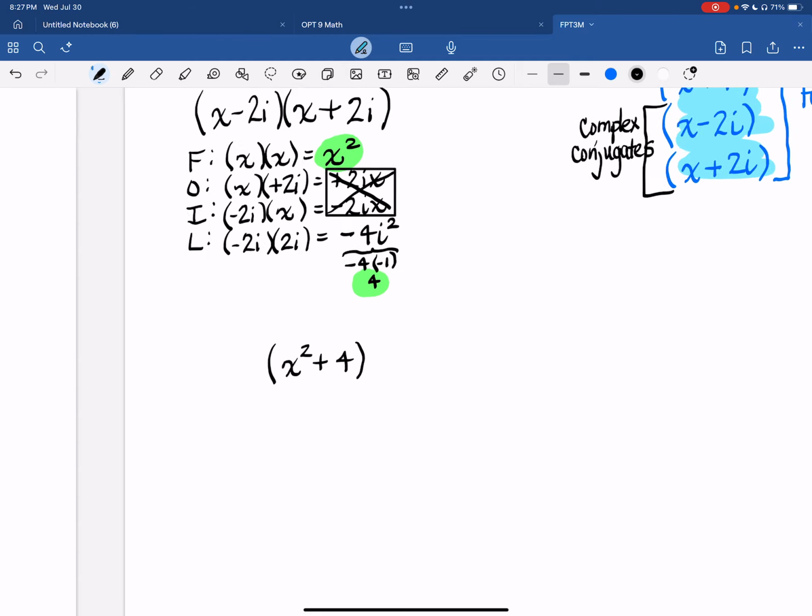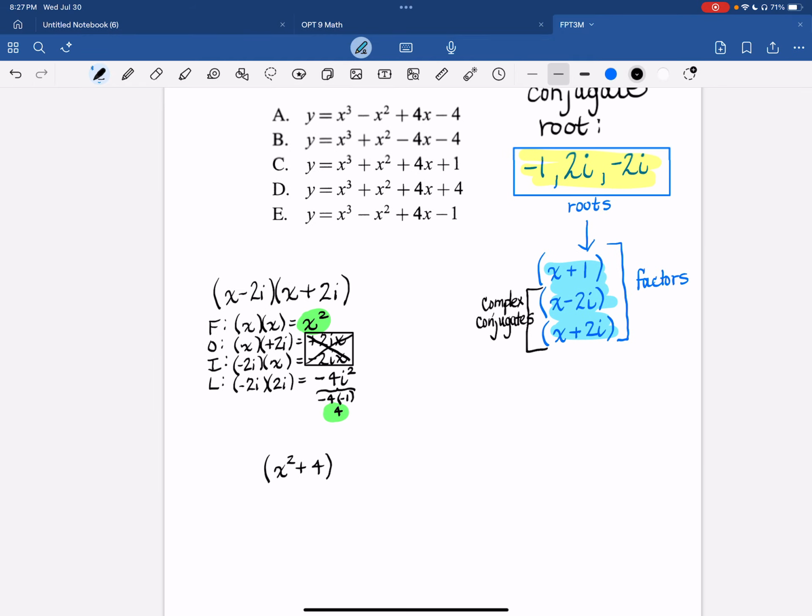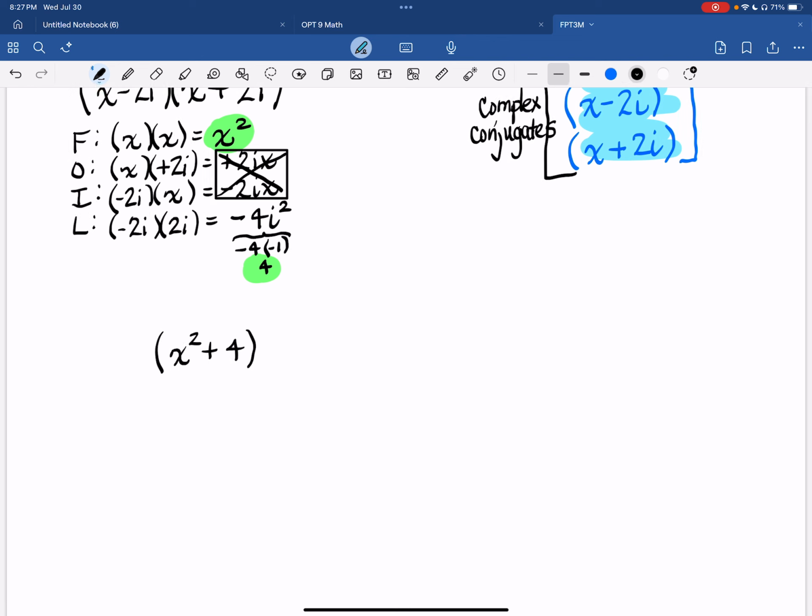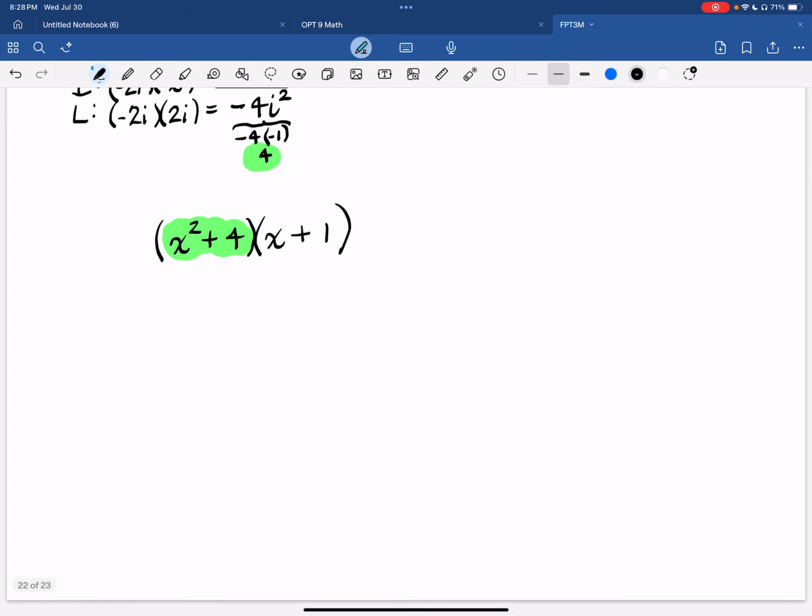And then I'm going to multiply that times the x plus 1 factor that we have not yet used. So I need to FOIL again. Here's this term from the green that we got, and I'm going to FOIL one more time. There's a lot of foiling on this test. First terms would be x squared times x.